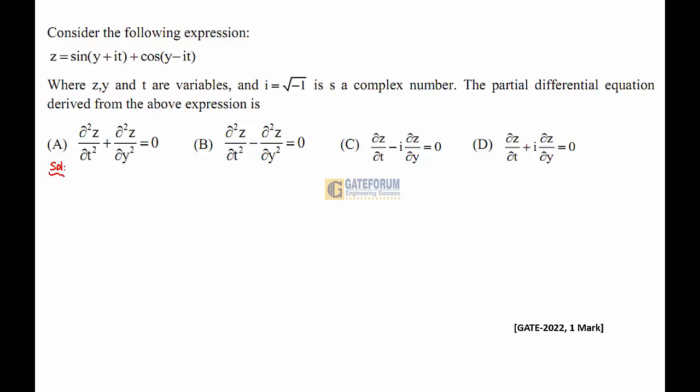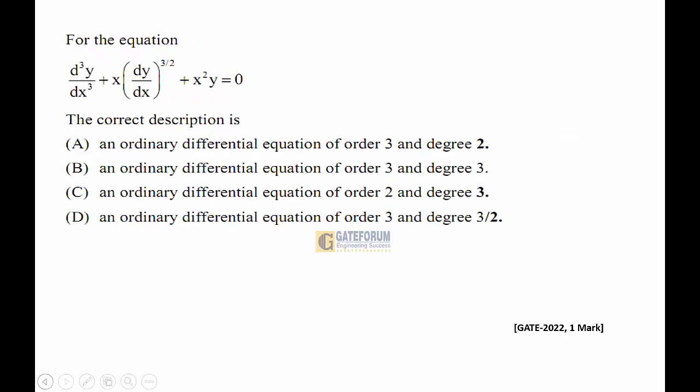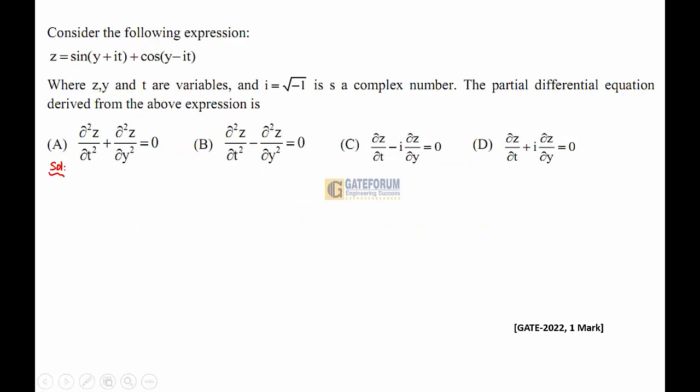From the given z, we have to derive the partial differential equation. It contains partial derivatives, second order partial derivatives, first order partial derivatives. Let us try first order partial derivatives.